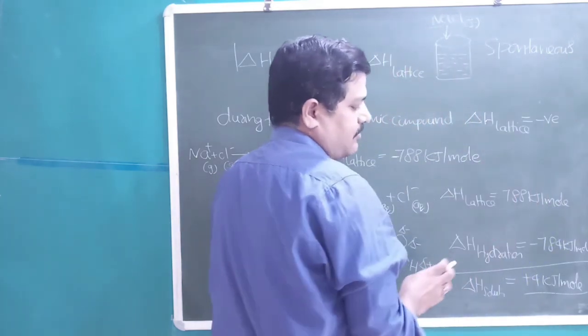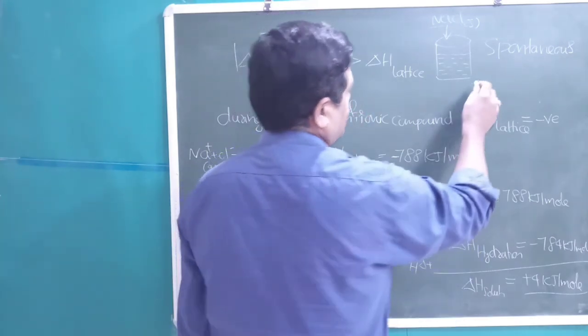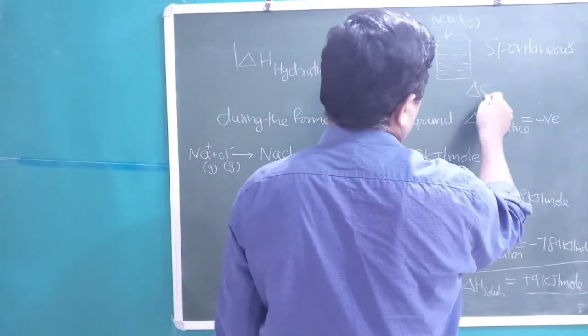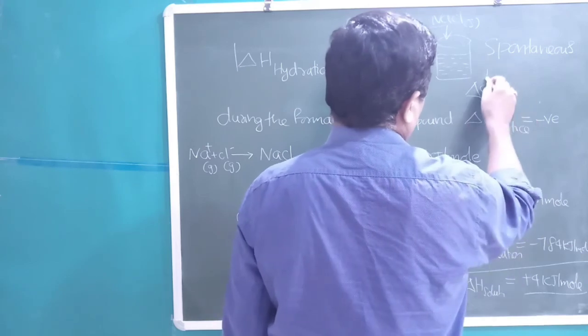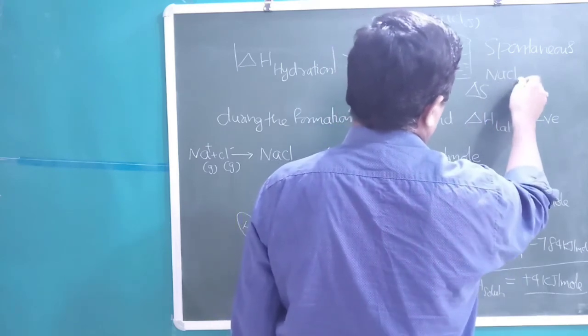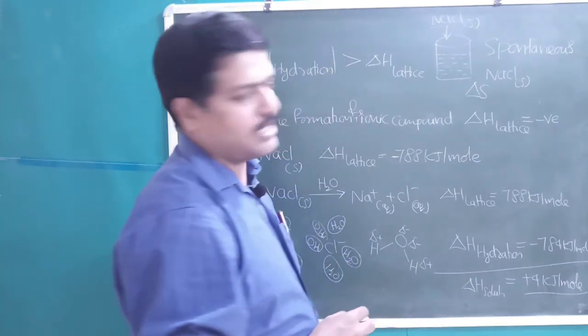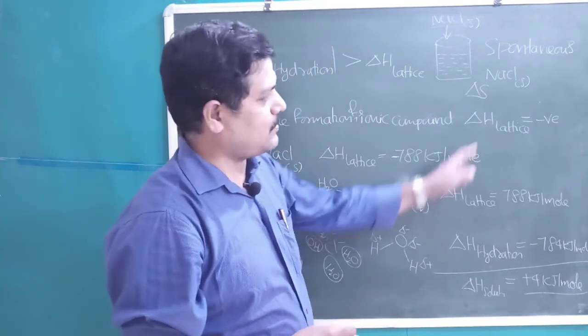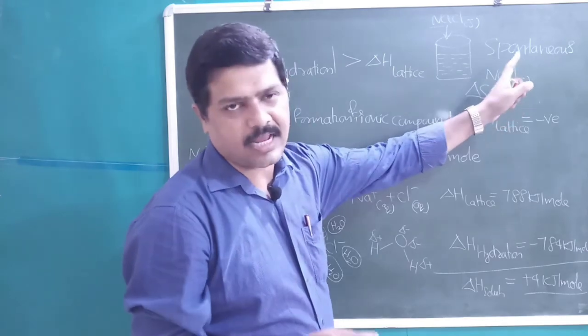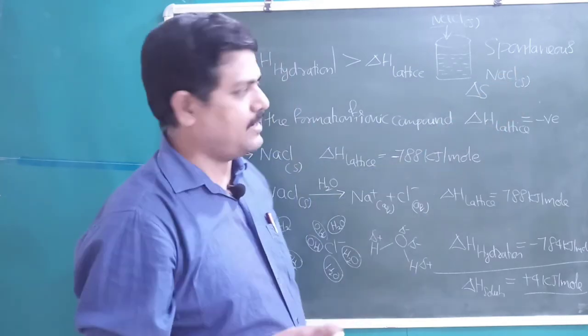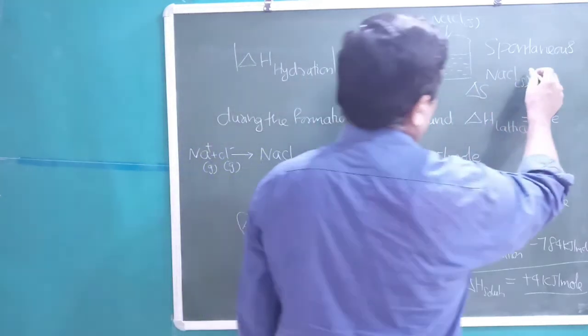So what is the driving force here? Driving force is the entropy change. When a particular compound is present in the solid state, it has less entropy. Measure of randomness is called entropy. In the solid state, it has less entropy, it is present in an ordered form.